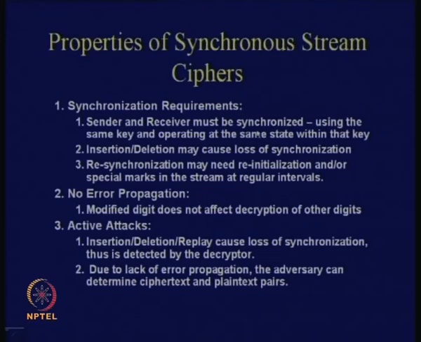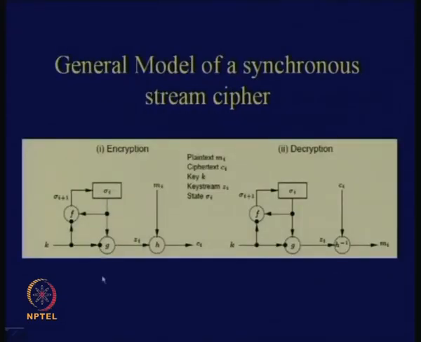So, let us study some properties of these ciphers. First of all, we will try to understand one important difference from another type of cipher that we will see next, which is the requirement for synchronization. When you are encrypting and sending the data to the decryptor, the ciphertext can get damaged in between, maybe due to accidental reasons or malicious reasons.